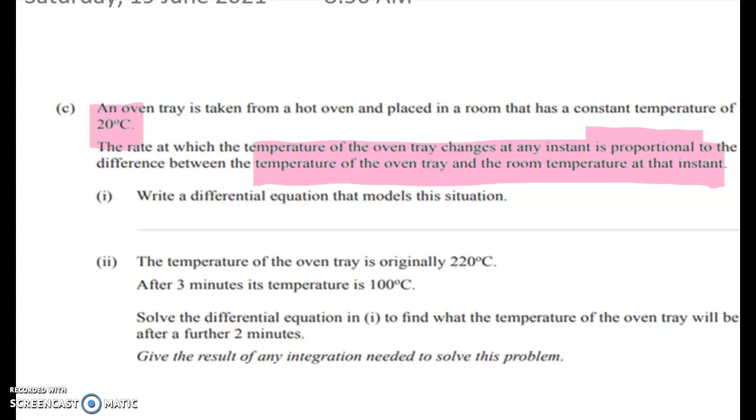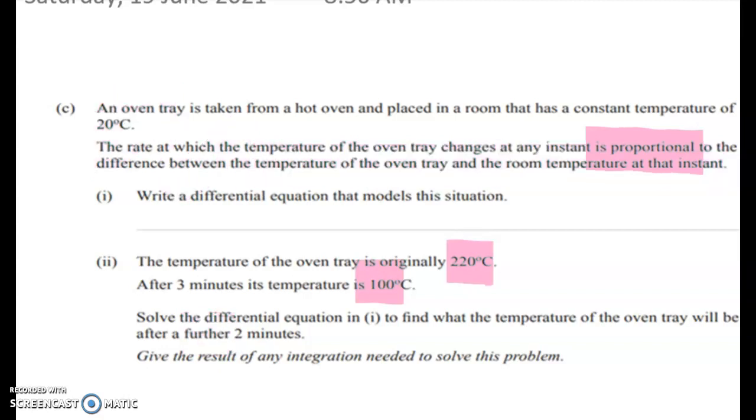Write a DE that models this situation, and then we have to figure out if the oven tray starts off at 220 degrees, the temperature drops to 100 after 3 minutes, what will the temperature be after a further 2 minutes? So that means after 5 minutes, right? Really easy to miss that if you are in too big a hurry, and then you will waste a whole lot of time trying to fix it later.